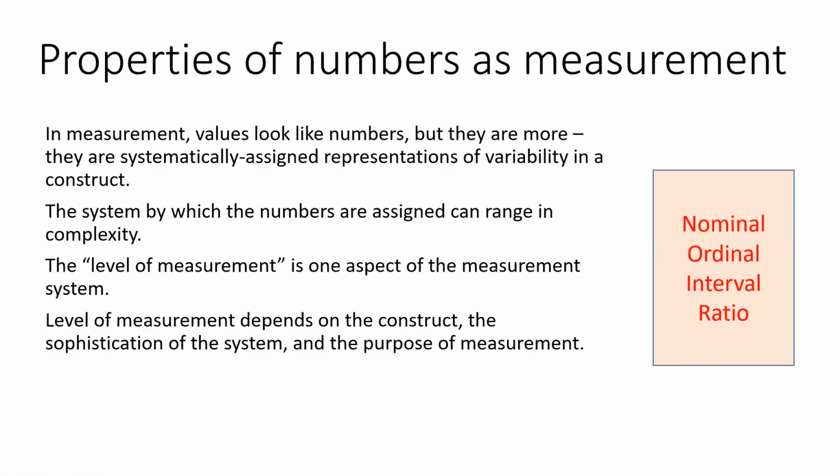So numbers as measurement are different from the way they are in their pure form, in that they represent something. 2 is a number. 2 is 1/2 of 4. 2 is 1/4 of 8. It has no unit attached to it.